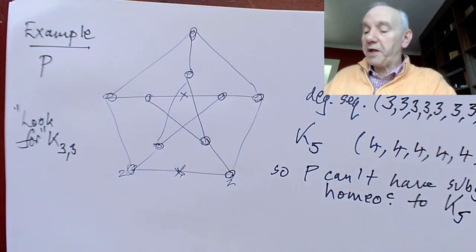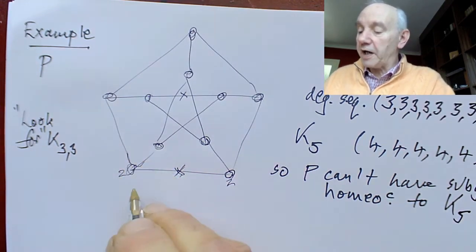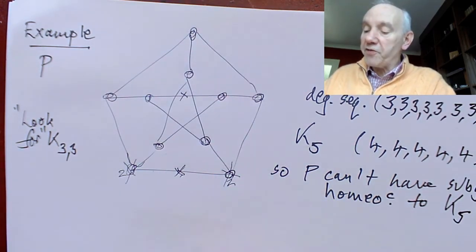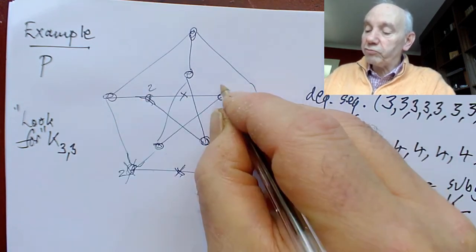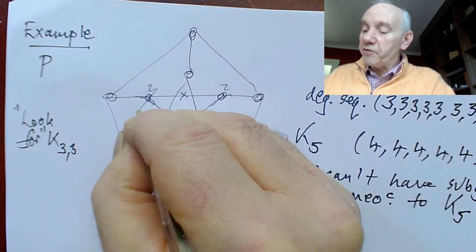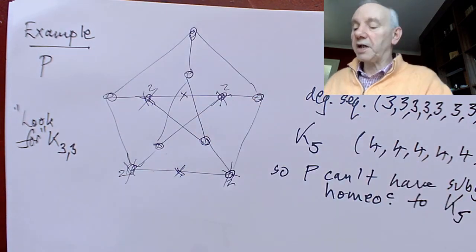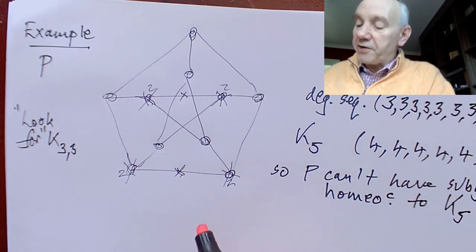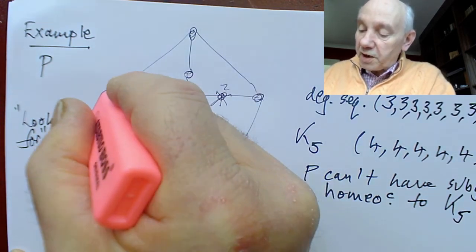So this becomes a vertex of degree 2. We could actually remove that as well, and this vertex as well. Similarly here, if we remove this edge, this becomes a vertex of degree 2, as does this. So we could remove that vertex and that vertex, still getting a homeomorphic subgraph. So if I do that, I'm sort of skirting round here.